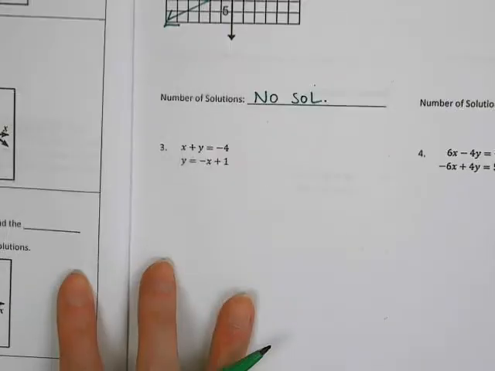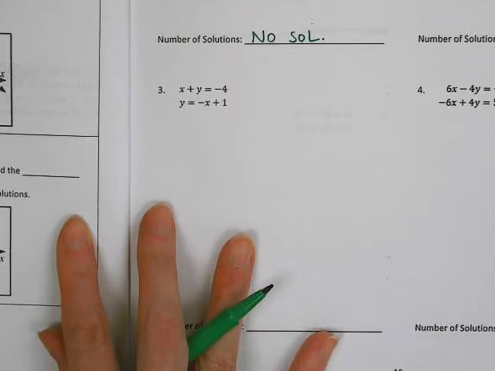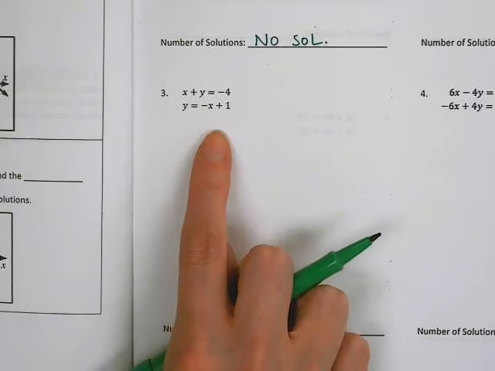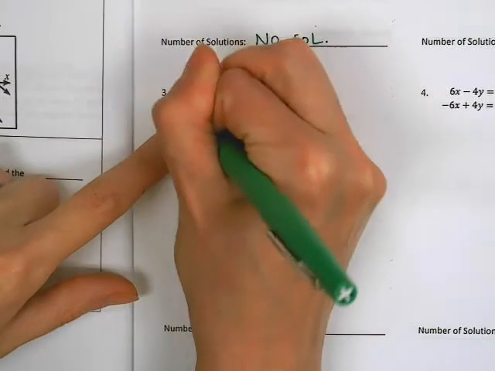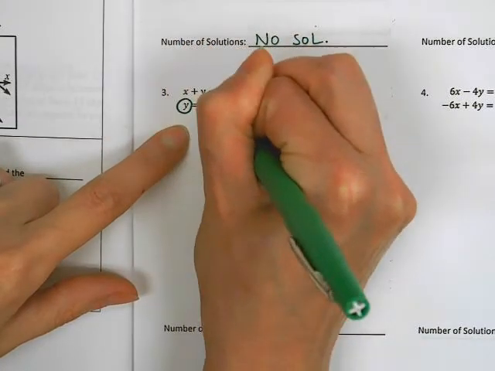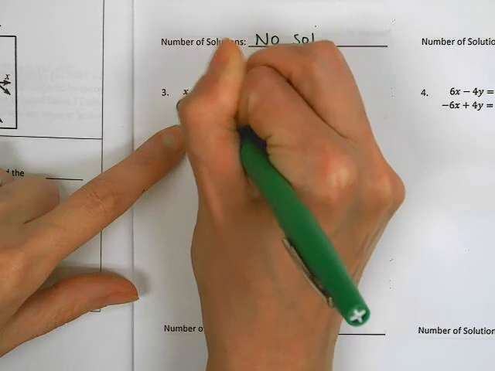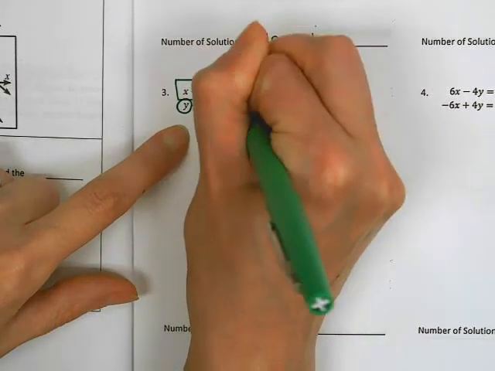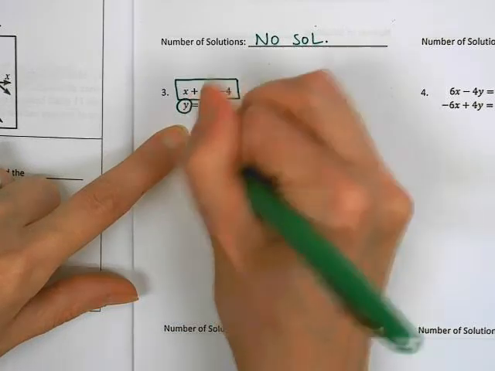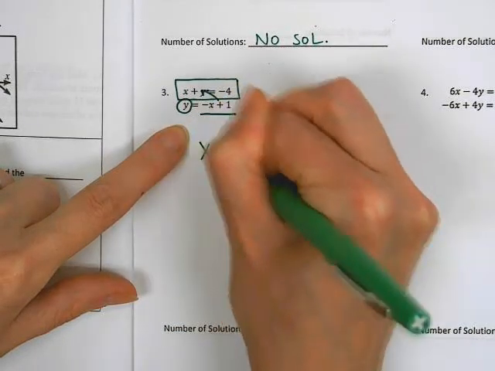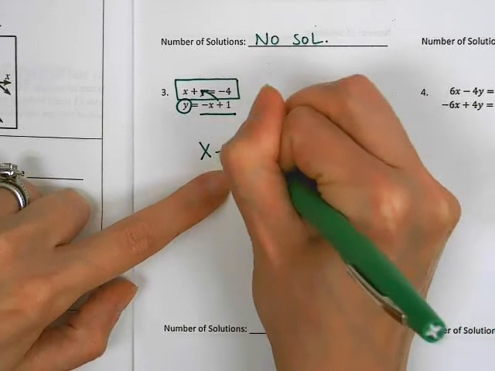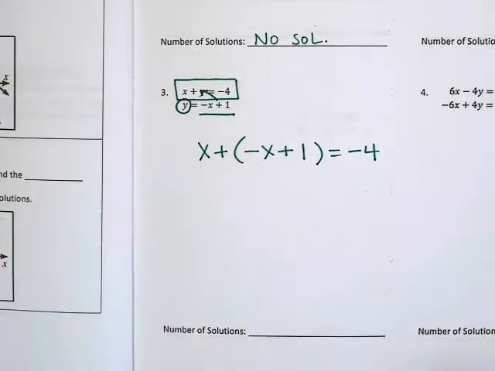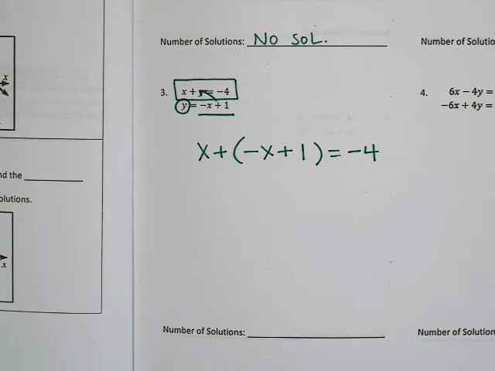All right, moving on. Number 3. This one, guys, I'm thinking substitution, right? Because we know that y equals this, so that means we can put this into y when we rewrite this equation. So it's going to be x plus, all right, in for y, we're going to plug in -x plus 1, and then equals -4. So good old substitution.